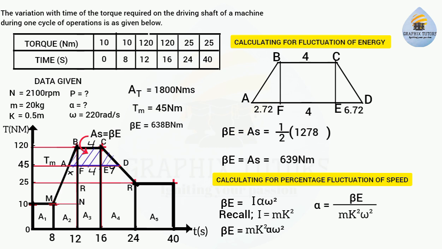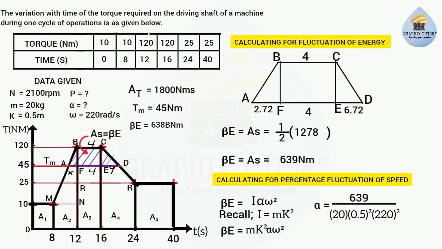So my alpha will now be equal to the fluctuation of energy, given as 639, all over my mass, which is given to be 20, multiplied by my radius of gyration, k, which will be 0.5. If you convert it, we are given 500 millimeters, to give us 0.5. So we have squared there, multiplied by omega, the angular speed, given as 220, squared also. So that's what we have there.